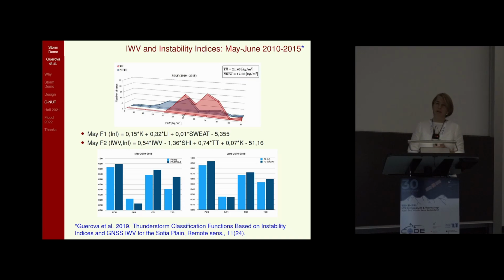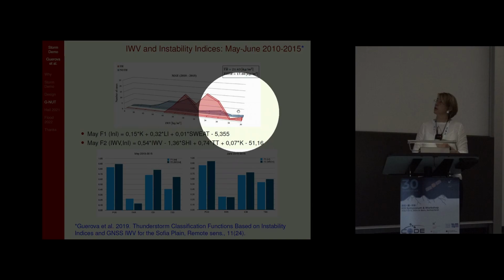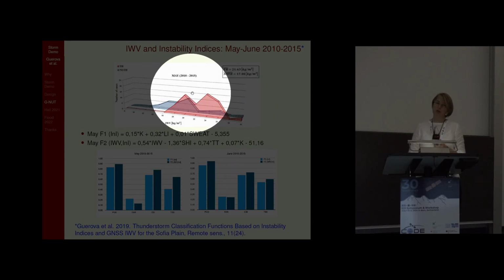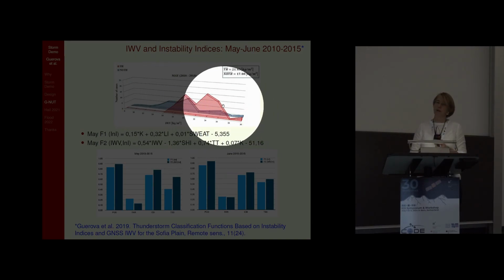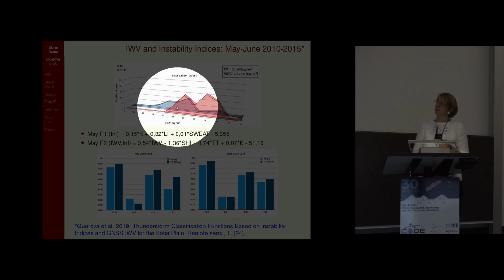I said we did the time series analysis. For this we used the longest operated GNSS station in Bulgaria, which is the IGS station Sofia, some of you may know it. For this station we used meteorological observations to derive the days with thunderstorms and without. And then for those days we used the maximum integrated water vapor measure.